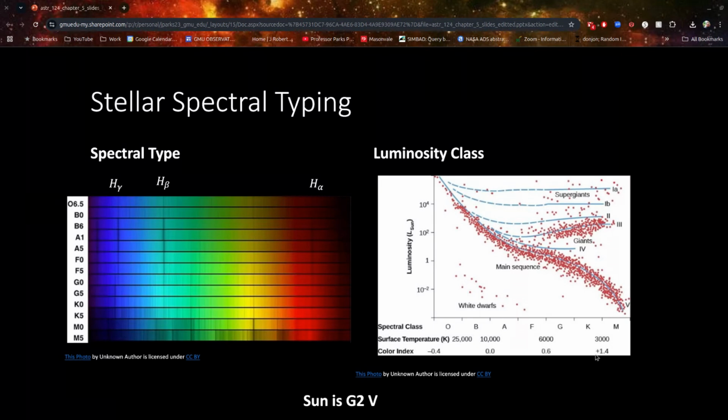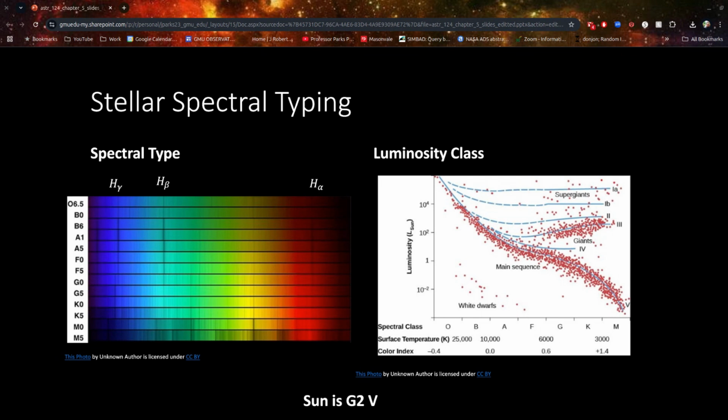I suppose I drastically overestimated the color index for these red stars. If you wanted to look at 5,000 to 3,000, you're probably going to want to constrain yourself to a B minus V of 1 to 1.5. So this is again a very crude estimate of the surface temperature of stars.